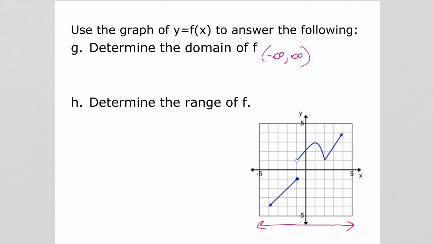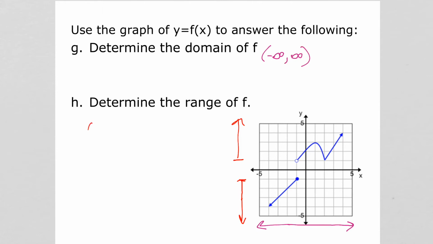The range, what are the y values? Well, we've got an arrow going down, and it's going until we get to negative 1. And then there's a gap until we get to 1 and going up.